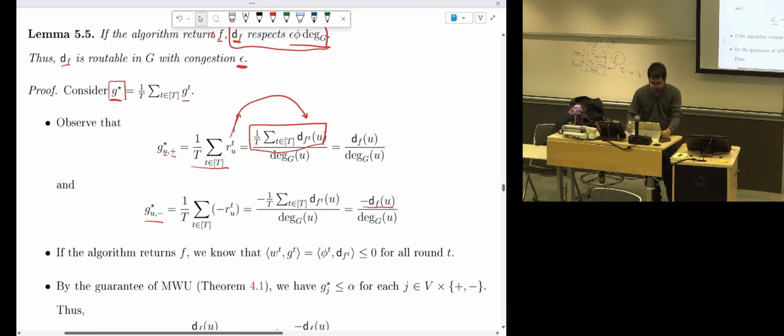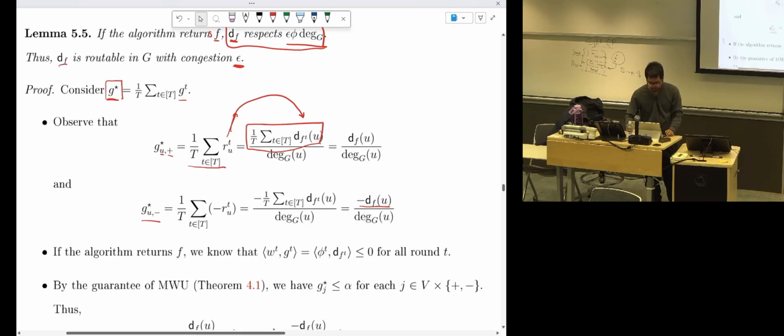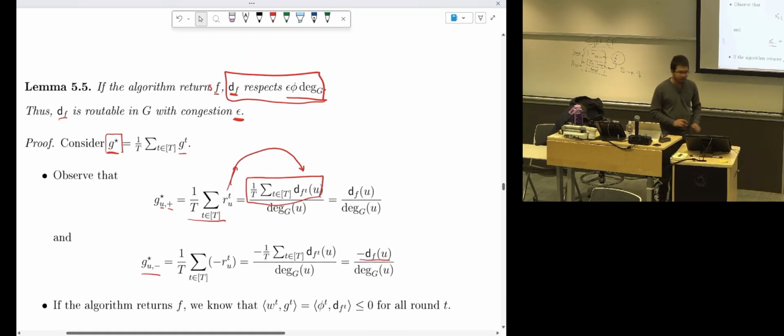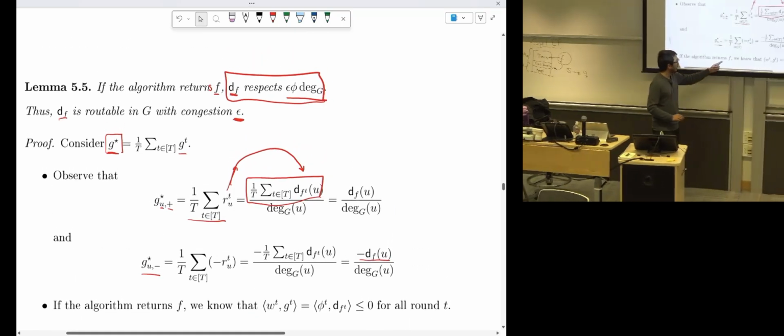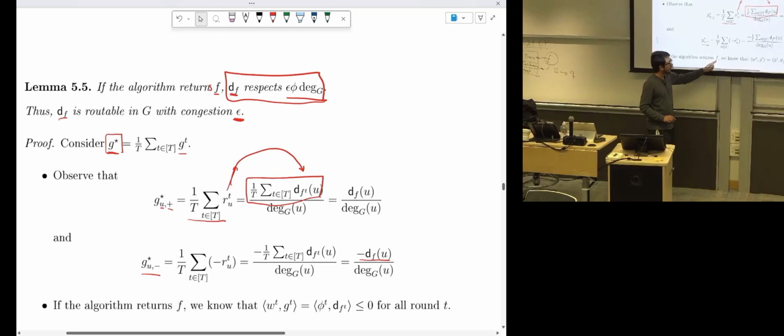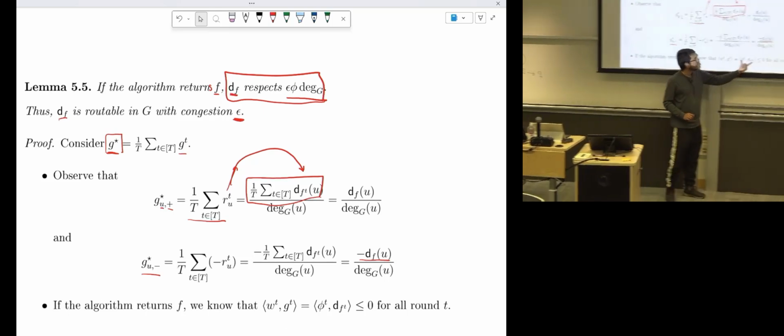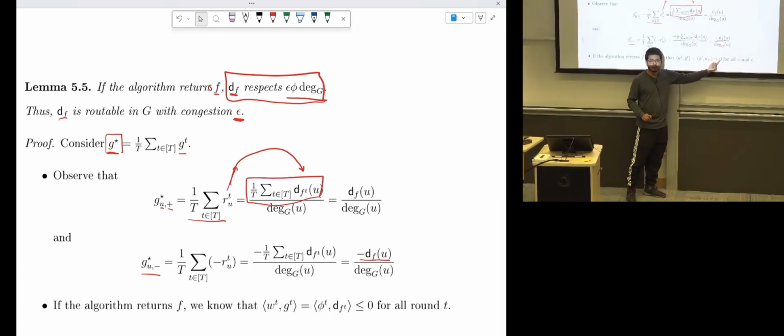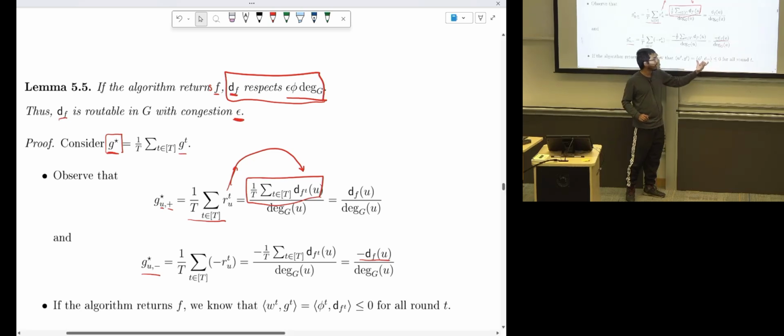But what do we know? We know that if the algorithm returns F, then this one is always at most 0. Because if it's non-zero, then we would do a fire cut, remember?